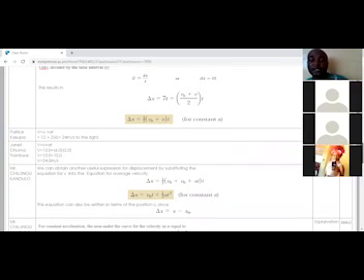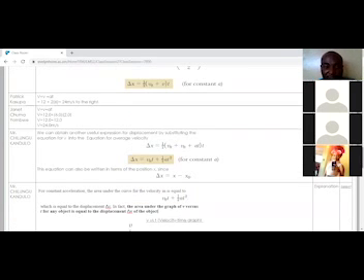Instead of writing half, open brackets V naught plus V, we write half, open brackets V naught plus V naught again plus AT, because V naught plus AT is actually V. When you work this out, you come up with this equation of motion: delta x equals V naught T plus half AT squared.